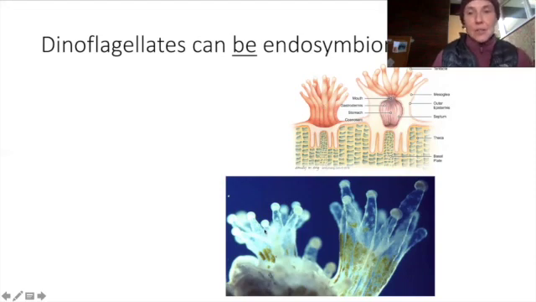Corals are cnidarians, right? And we only think of coral when we think of those beautiful calcium carbonate structures in the ocean. But if you want to look at the actual little cnidarian, there are these little tentacles, and there's the mouth. And the dinoflagellates live in the tentacles, and specifically in the tips of the tentacles.